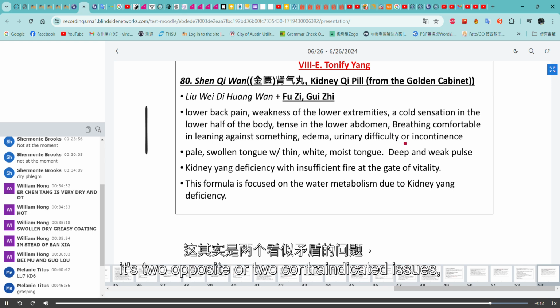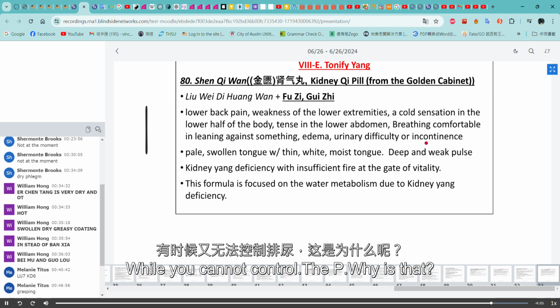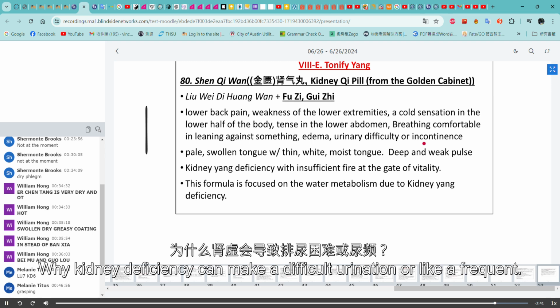So basically, it's two opposite issues, right? You cannot pee, while you cannot control the pee. Well, why does that happen? Why can kidney yang deficiency cause difficult urination or frequent urination?